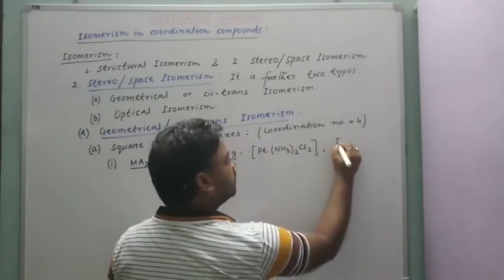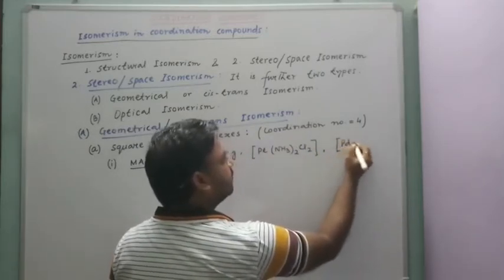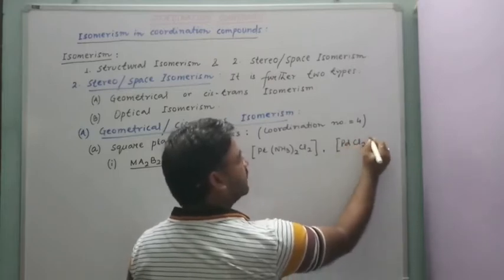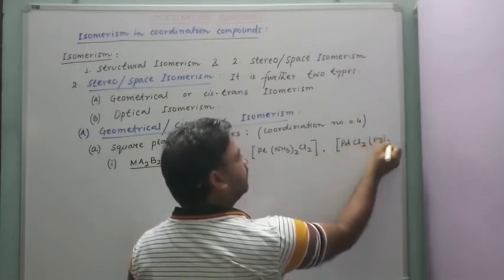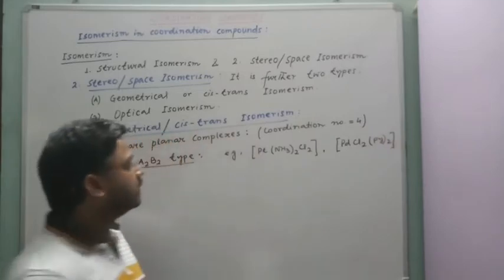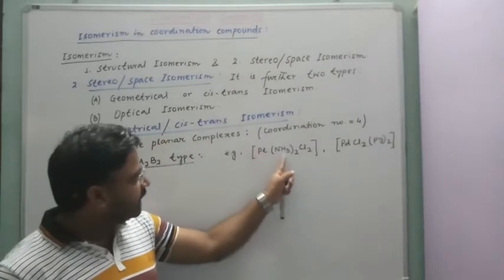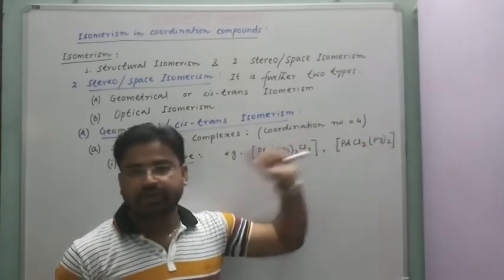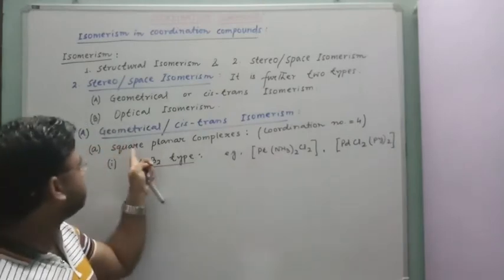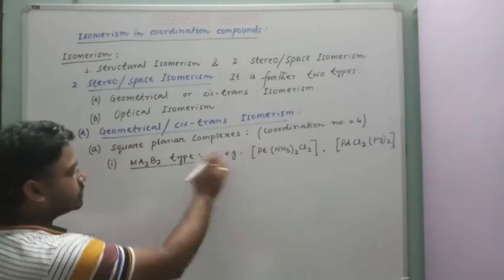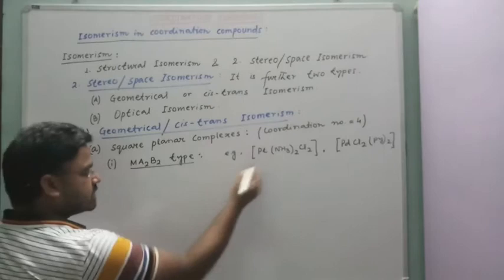Say another example, [PdCl2(Py)2]. So M A2 B2. So this type of compounds are square planar compounds. So square planar complex structure, see.